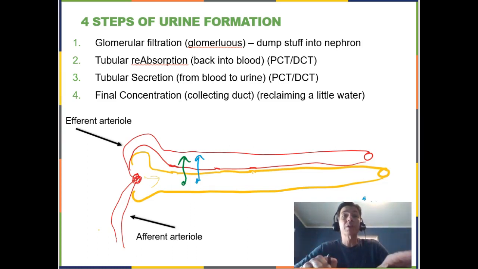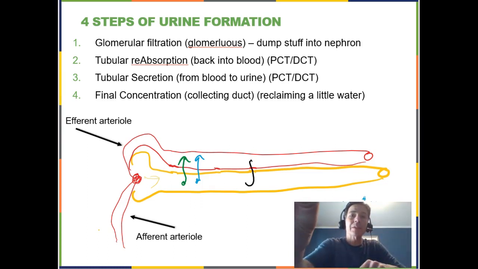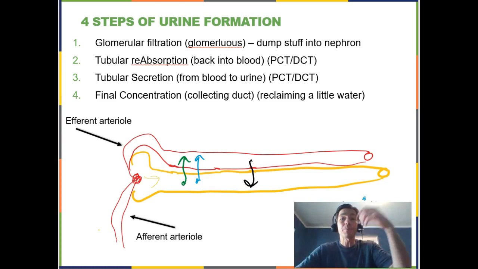So reabsorption includes both solutes and water. And then tubular secretion means that what your body is going to do is take waste products or anything that it doesn't want to keep and actively pump that into the filtrate, so that you can concentrate waste products in the filtrate with a minimum of water and sodium loss.